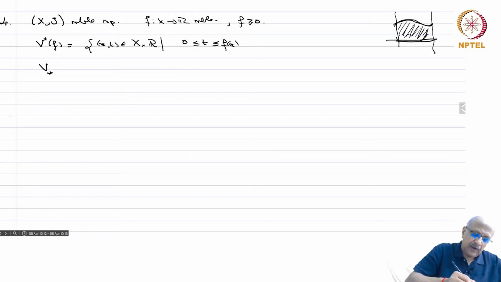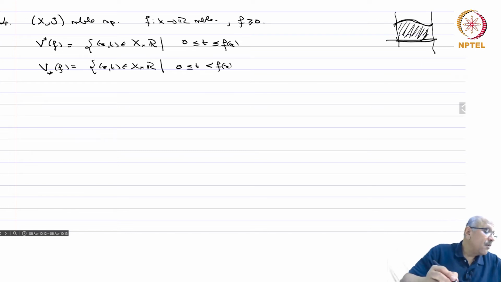And V_* f equal to the set of all (x,t) in X cross R such that 0 less than or equal to t strictly less than f(x). So we are excluding the boundary.